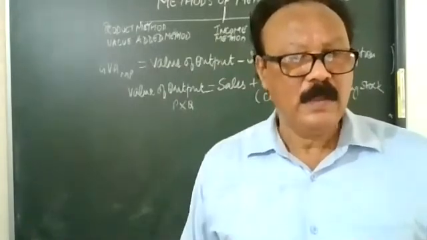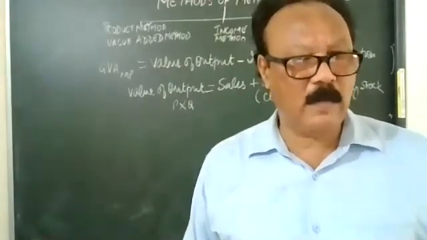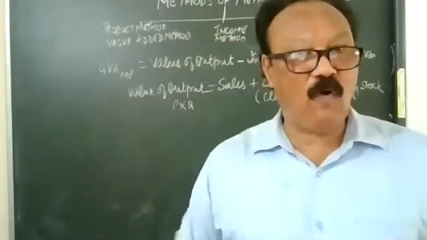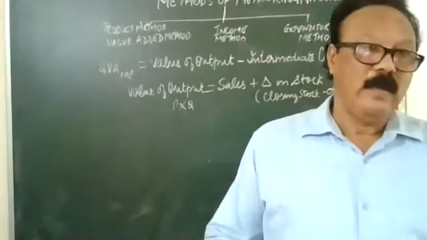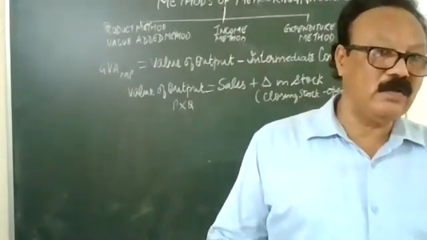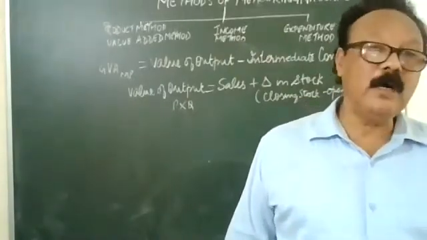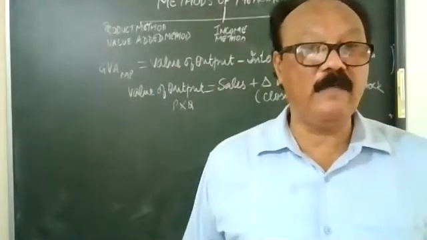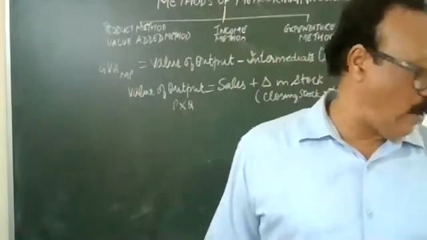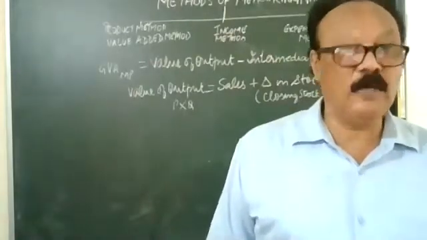I taught you last time. There are 4 factors: land, labor, capital, enterprise. Besides these 4, all other expenses like expenses on raw materials, fuel, power, etc. all fall under the category of intermediate cost or intermediate consumption.